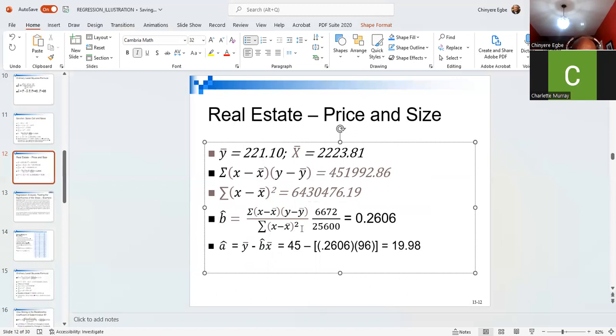And so we would have 451,992.86 divided by 643,0476.19.